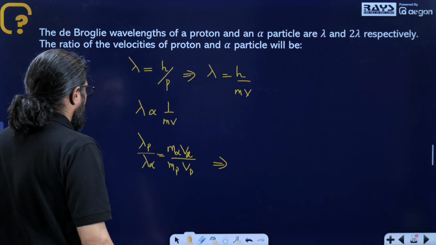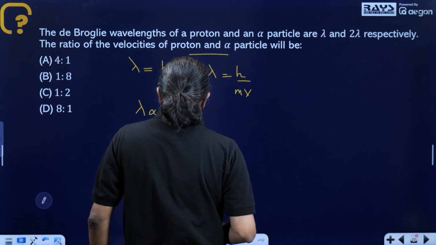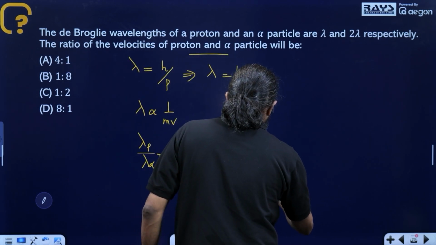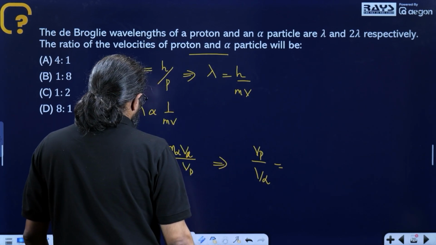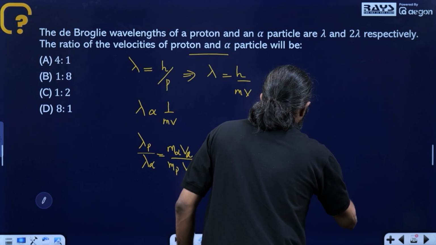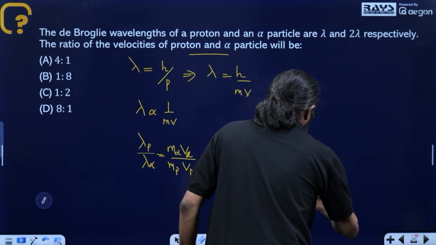All right. Now, what I need to find out is the ratio of velocity of proton and alpha particle. So I need vp by v alpha. So vp by v alpha will be equal to m alpha lambda alpha divided by m proton lambda proton.